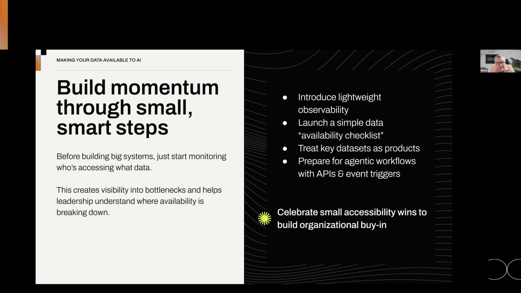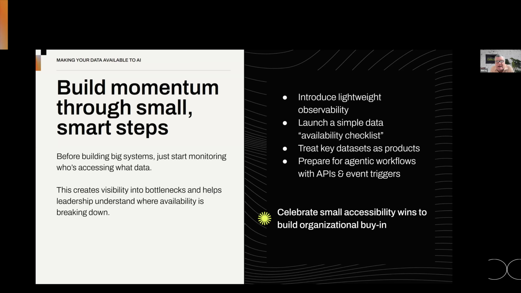And finally, momentum matters. Make sure that you can celebrate the wins as they occur, starting small and building on it. Not only talking about what you want to do, but also talking about what you have done and what you've learned. It may not be a perfect solution that comes out the door right away, but you've got something out the door and you've learned from that.